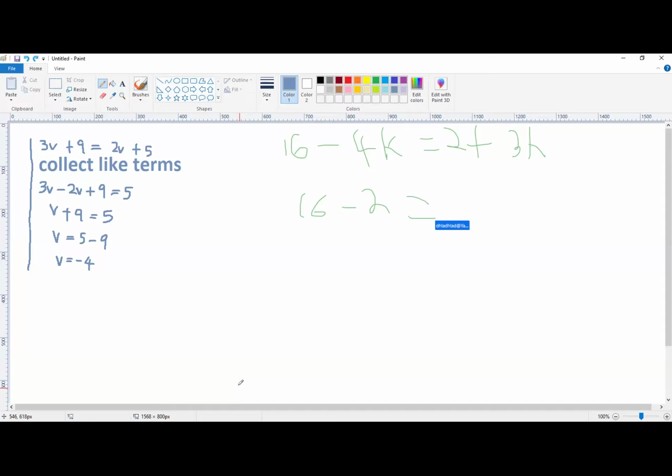Is it like this? Yes, correct. That's how it is.